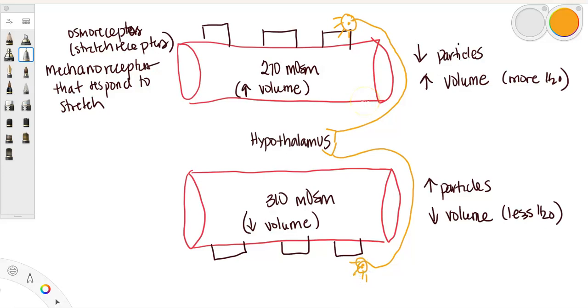Okay, and so in the first scenario, where we're at 270 milliosmoles, we have less particles and more volume.